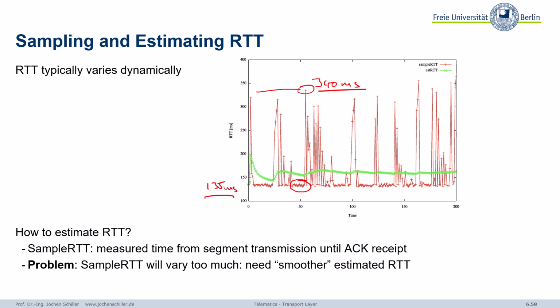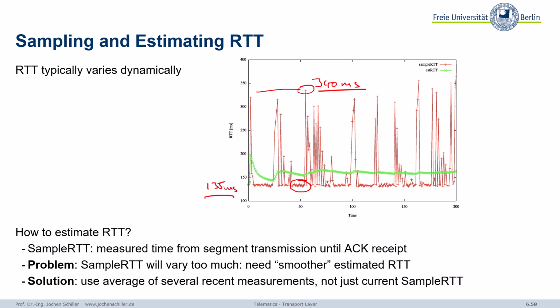So we have to smooth it somehow. So it's quite common that we use many measurements, not just the current sampled RTT, and then somehow we calculate this estimated round trip time. An example shown here in green, some floating average.